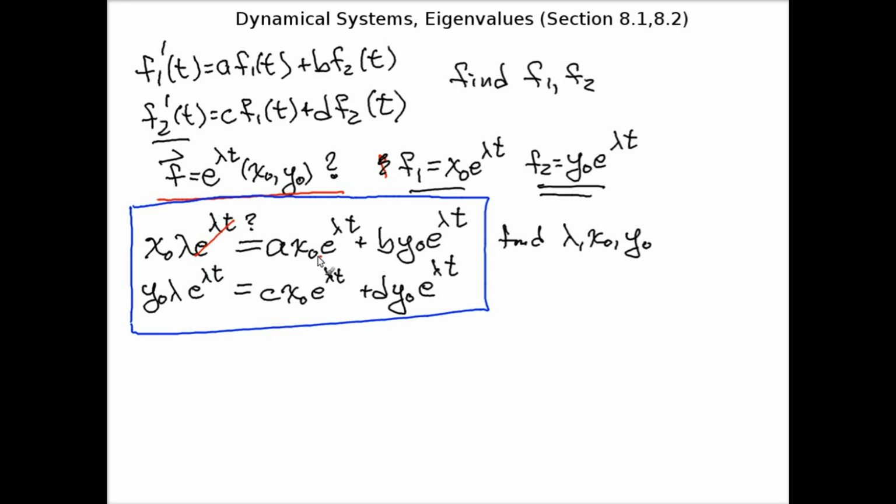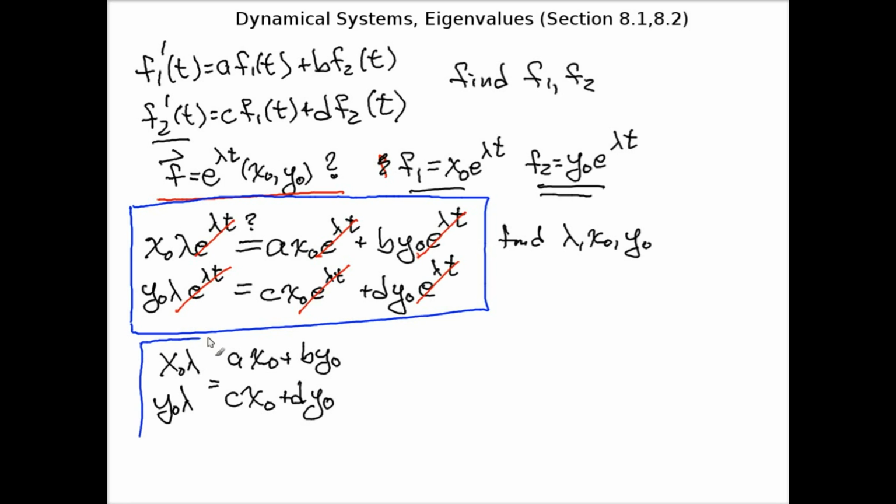So you can simply cancel all of the e to the lambda t's. Ha! What do you get? You get the equation x naught lambda, y naught lambda is equal to a x naught plus b y naught, c x naught plus d y naught.